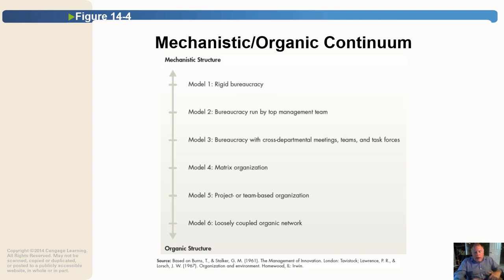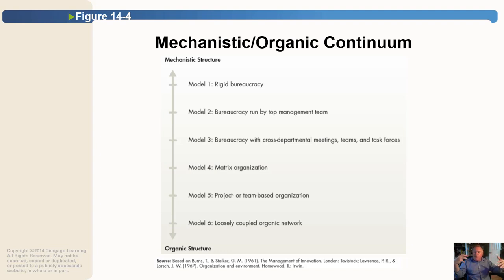So when you look at how the structure is, you start out with a rigid bureaucracy. You do this, you do this, you do this. That's model 1, a very mechanical structure. Then the bureaucracy is run by top management. Then you have a bureaucracy with cross-departmental meetings, teams, and task forces. Then you have a matrix organization. I'd say for the first 3, there are very few that run that way.